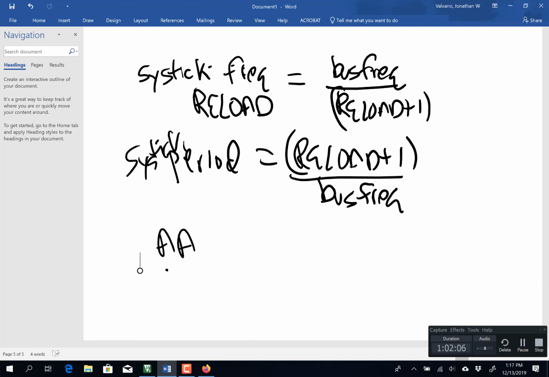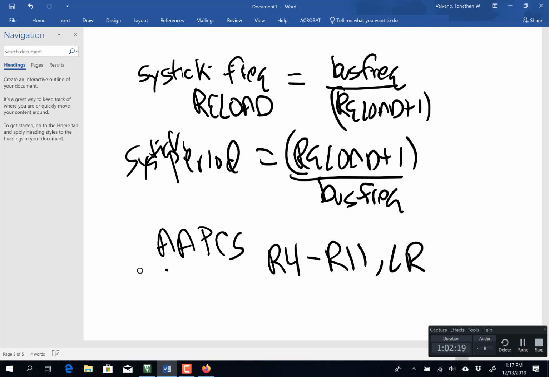I don't know the context of the question, but if you are writing a routine and you want to use R4 through R11 or the link register, you need to save them. Now the interrupts don't save them.